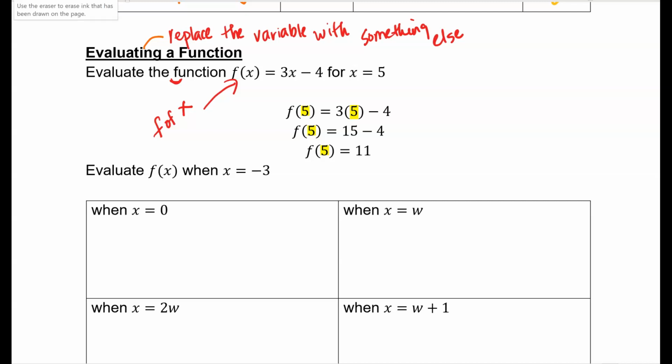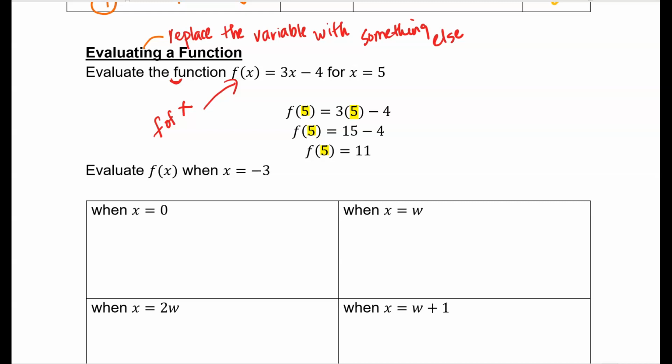So for example, where we have f of 5, that already includes a parenthesis, because here there was already a parenthesis, right? But on the right side of the equal, we put 3 open parenthesis 5 close parenthesis minus 4. That indicates multiplication. So 3 times 5 is 15. Then we have minus 4.